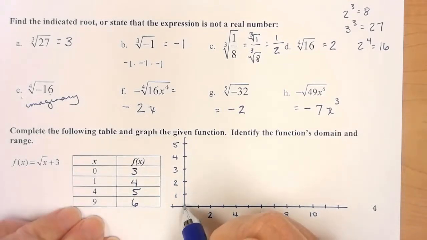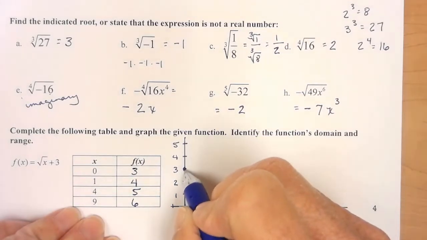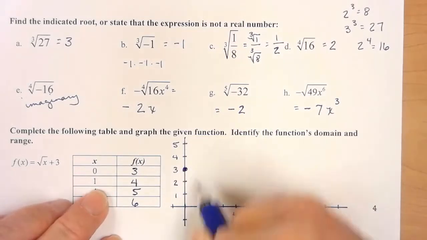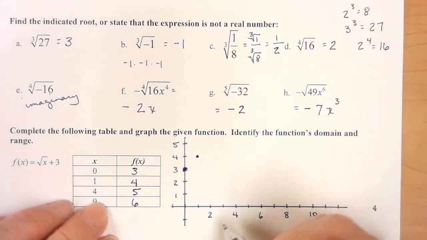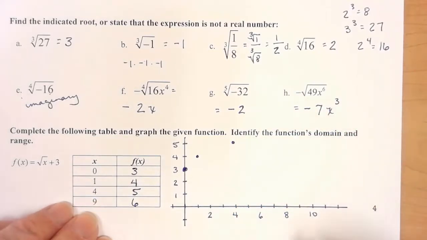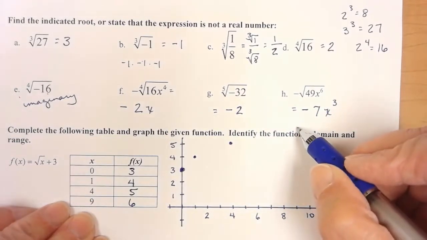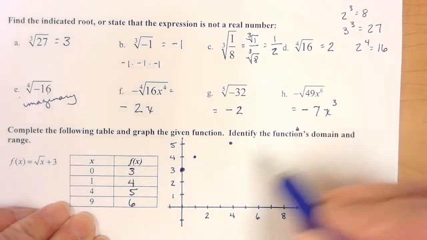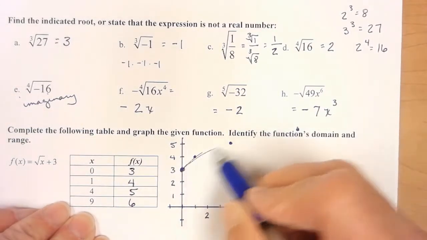So I've got 0, 3, 1, 4, 4, 5, 9, probably be about right there. So let me sketch.